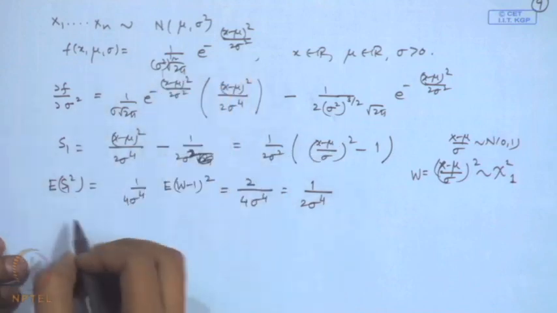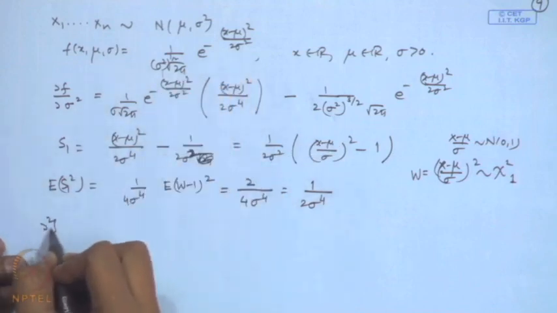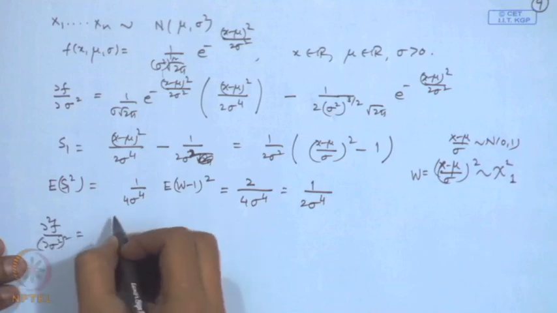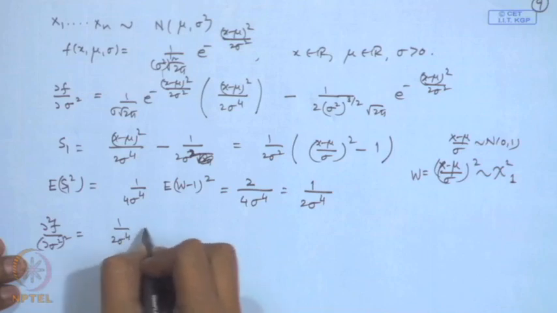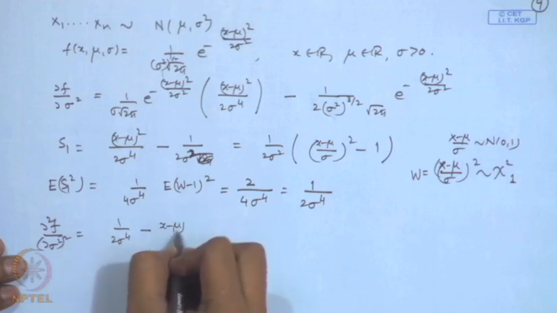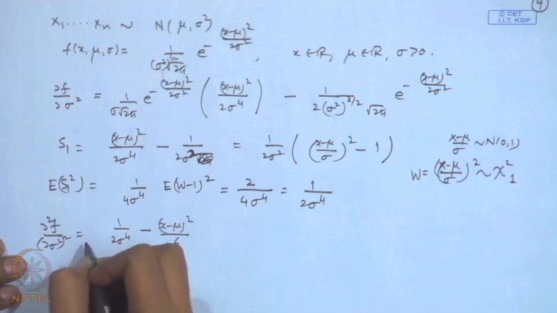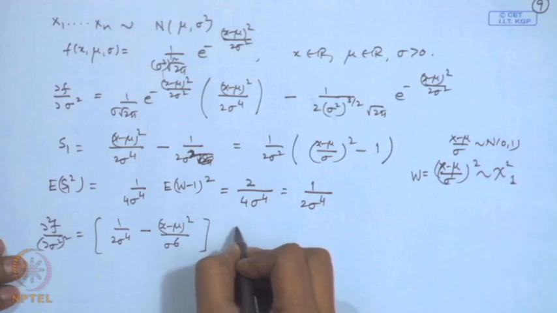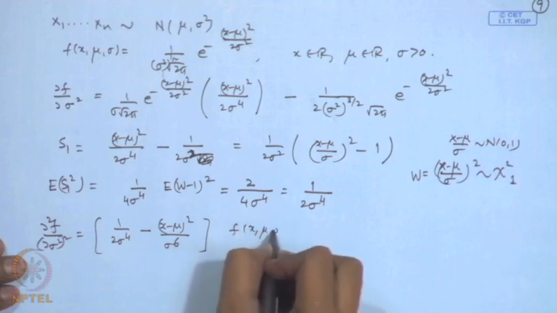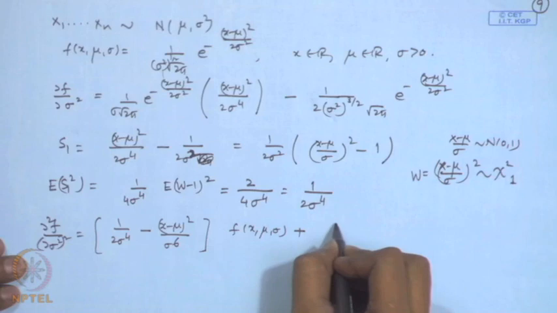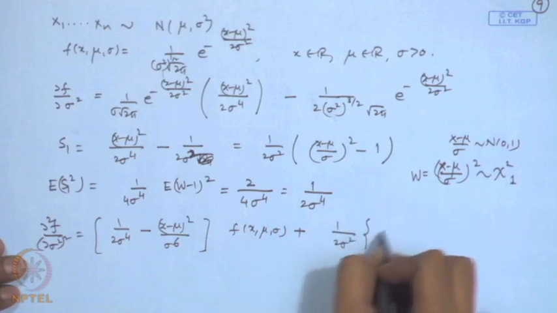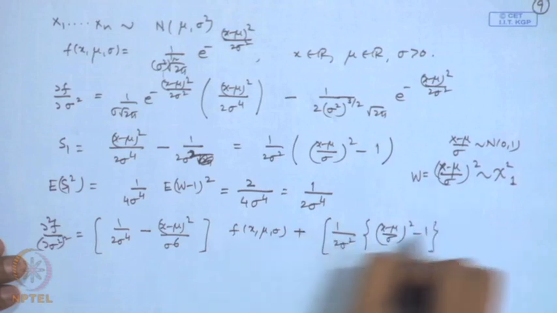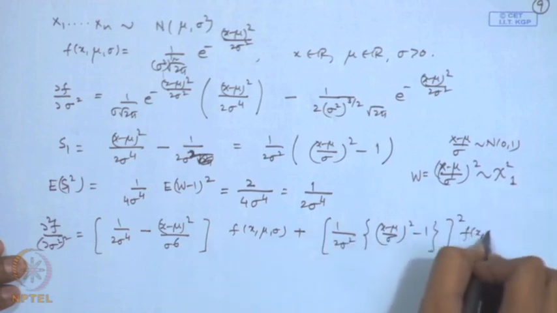So, you will get terms like this: del 2 f by del sigma square is equal to (1 by 2 sigma to the power 4 minus (x minus mu) square by sigma to the power 6) into the density, plus 1 by 2 sigma square ((x minus mu by sigma) whole square minus 1) whole square into the density.